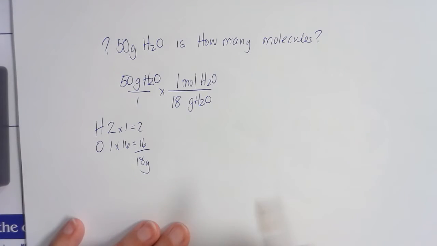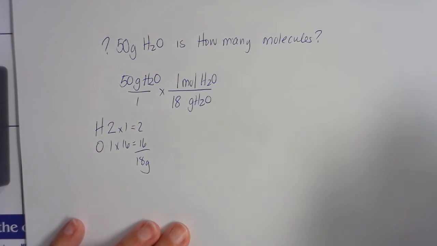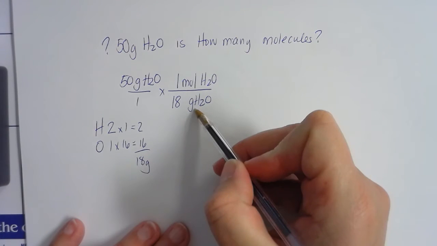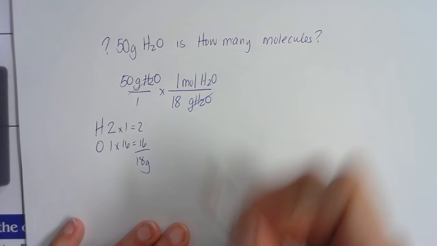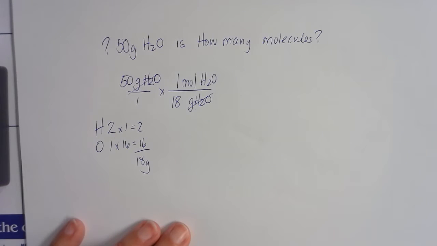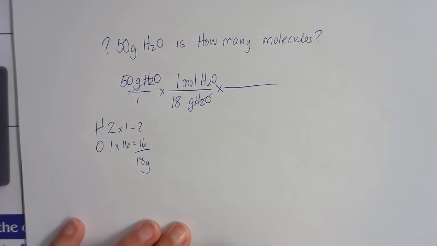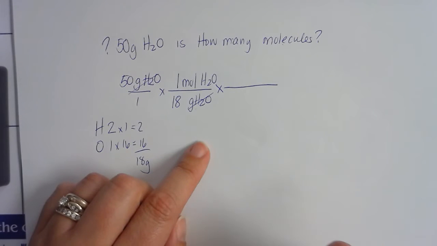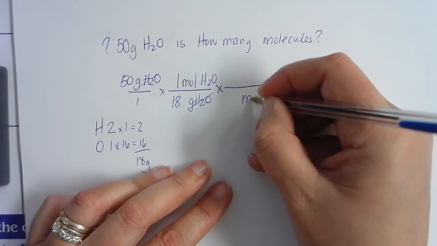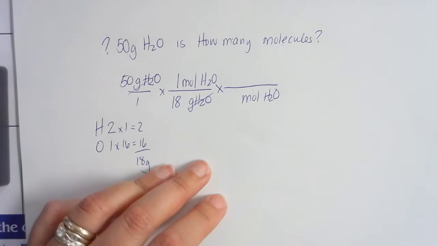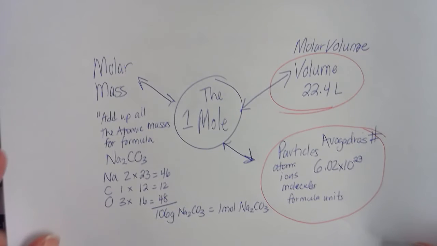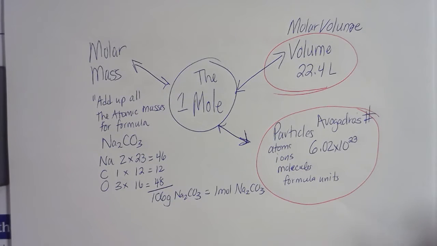Let's check our units and make sure that they're canceling. We have grams of water here, grams of water there. They cancel. I have moles of water. Is that what I'm asked to find? No, I was asked to find molecules. So I'm going to do another fraction. What unit goes on the bottom of the next fraction? Mole of water. So how do I relate moles to molecules?